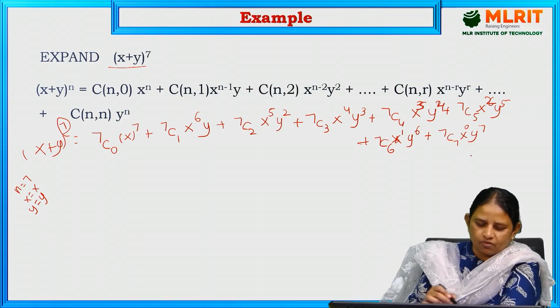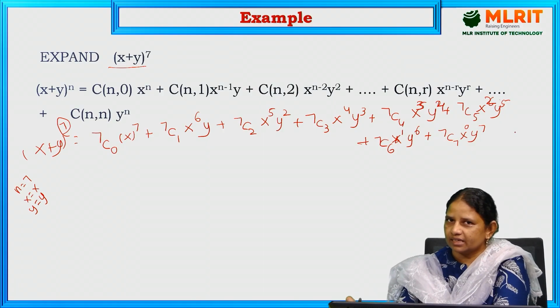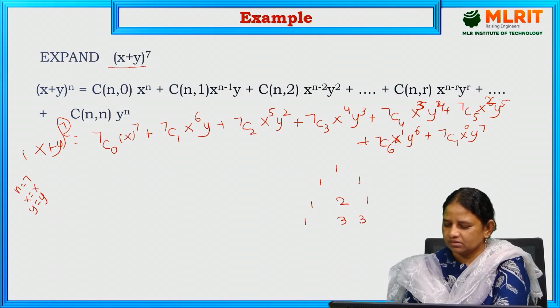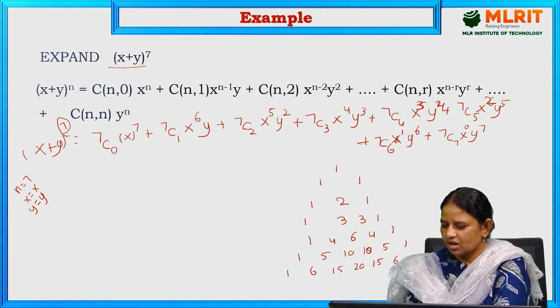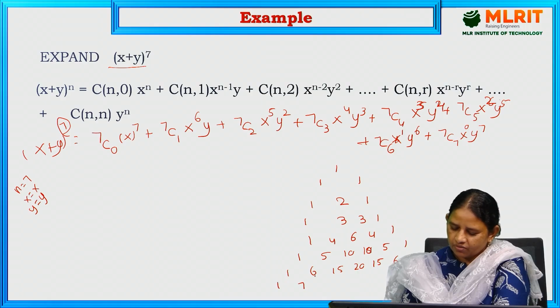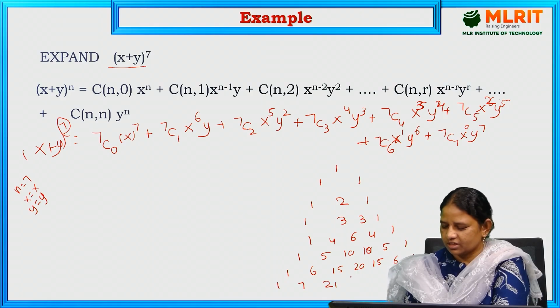So we know the Pascal's triangle: 1, 1 1, 1 2 1, 1 3 3 1, 1 4 6 4 1, 1 5 10 10 5 1, 1 6 15 20 15 6 1, 1 7 21 35 35 21 7 1. So these are the terms.